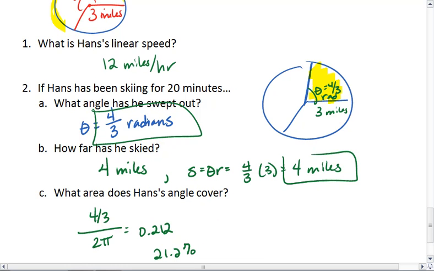The area of the entire circle is pi r squared, which in this case is pi times 3 squared, 9 pi, or approximately 28.27.